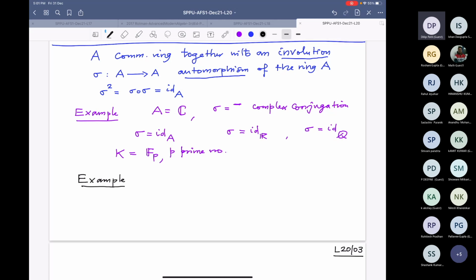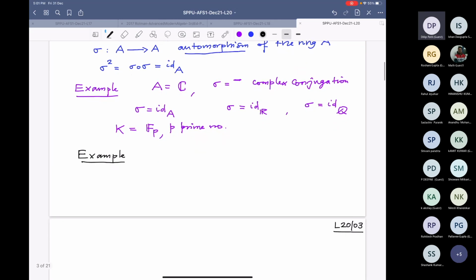All right. So this example is a sort of a generalization of the complex numbers. So what is it? This complex conjugation is a special case of the following example.